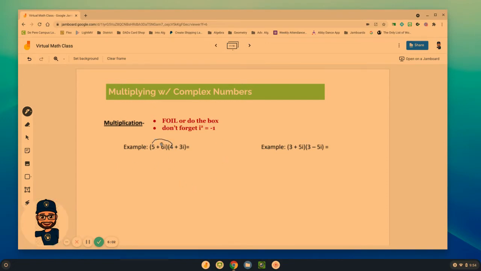Distributing 5 times 4, which becomes 20, plus 5 times 3i becomes 15i, plus 6i times 4 is 24i, plus 6i times 3i is 18i squared.